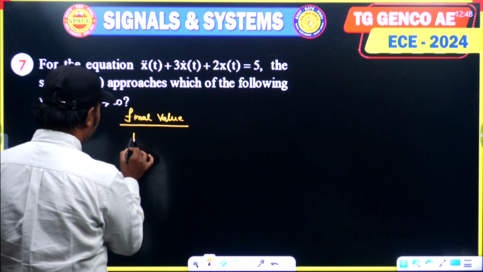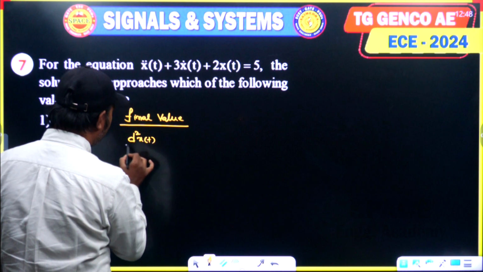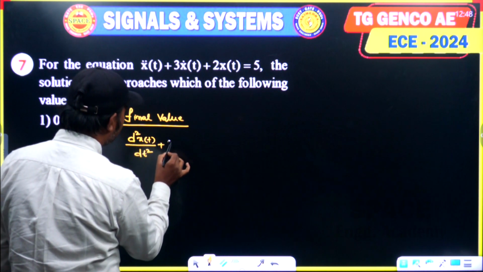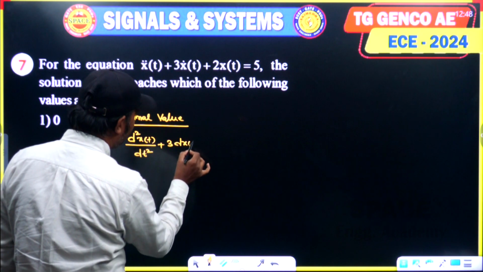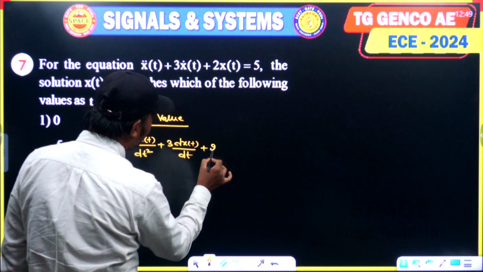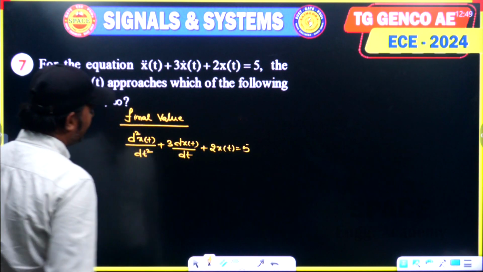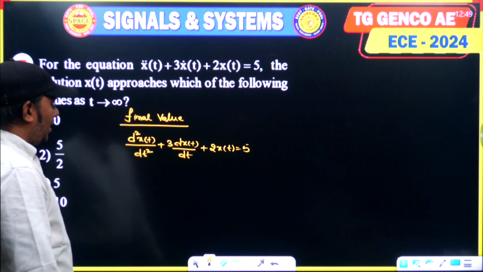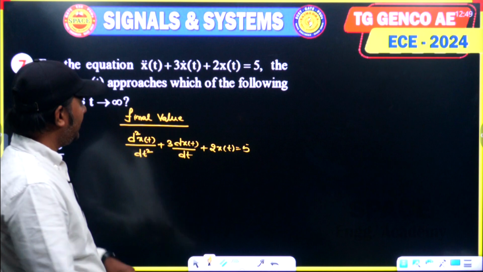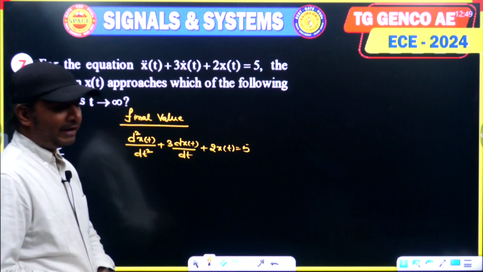The differential equation is d square x of t by dt square plus 3 times dx of t by dt plus 2 times x of t is equal to 5. Now, after getting x of t from this differential equation, you have to find out the final value.